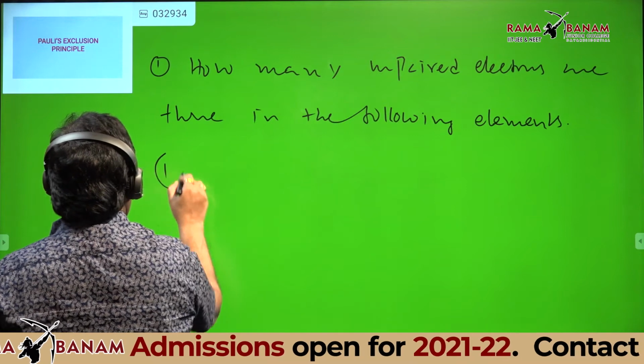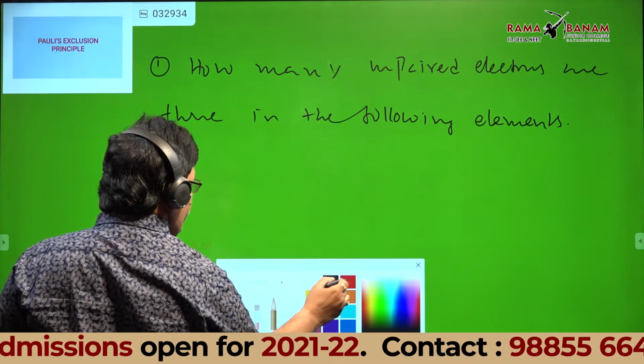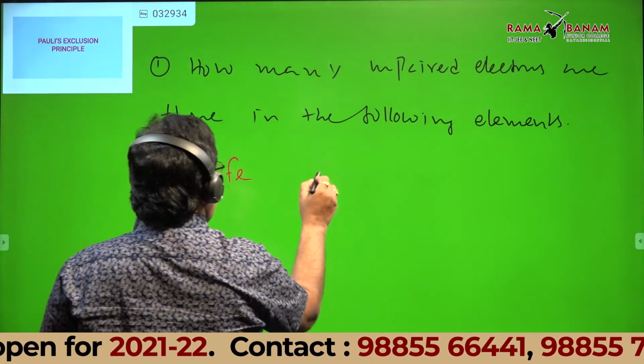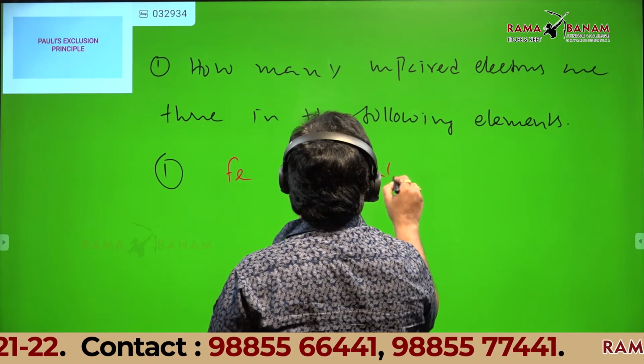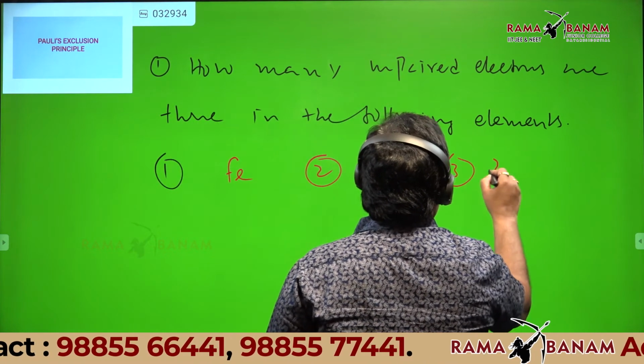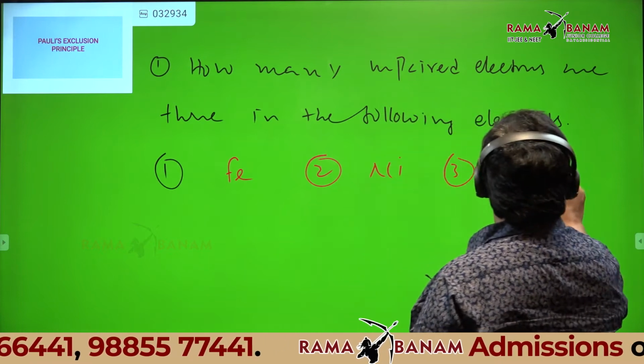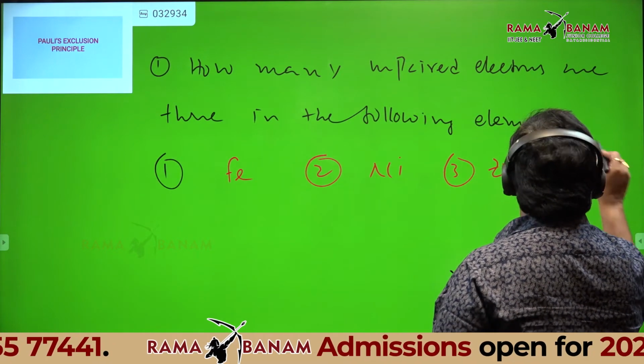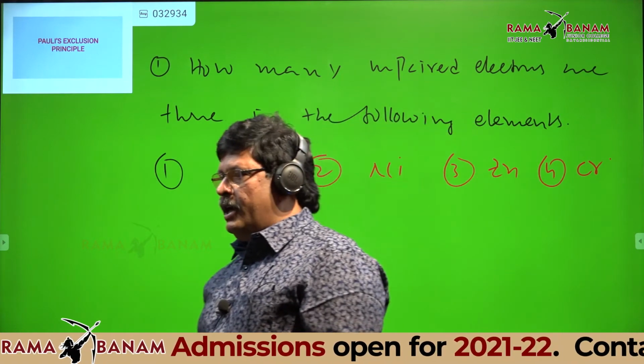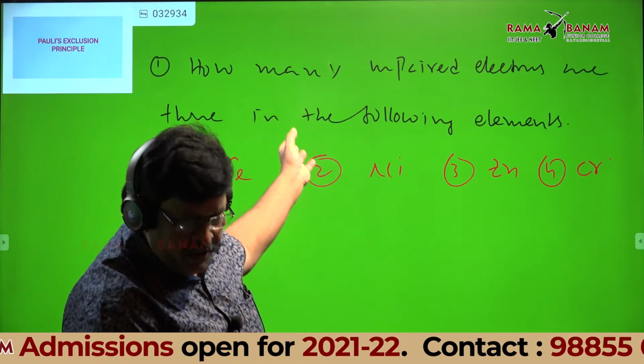First one, iron. Second one, nickel. Third one, zinc. Fourth one, chromium. I want the number of unpaired electrons in all these 4 elements, students.